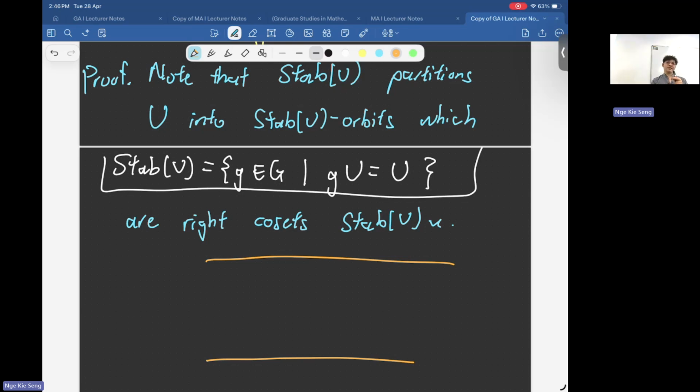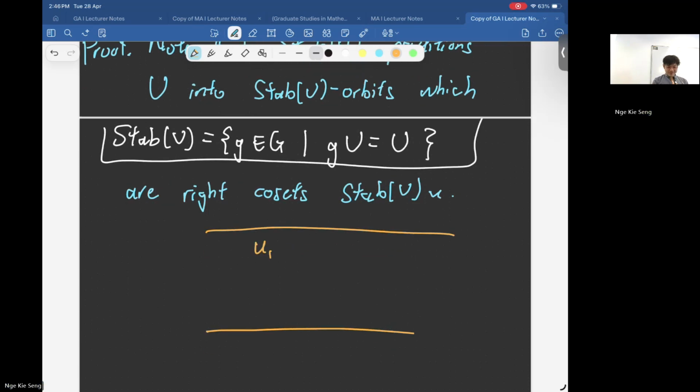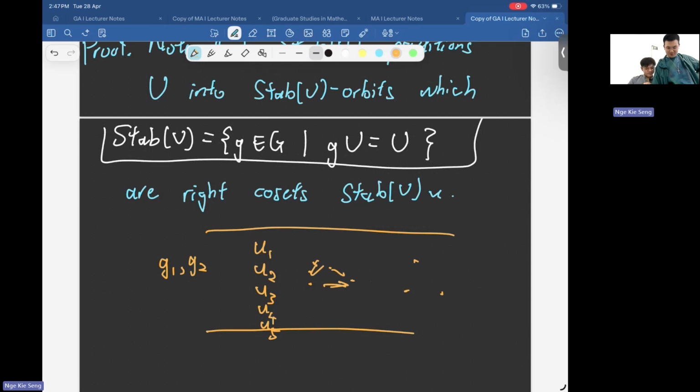Step U only ensures that you won't go outside, but inside it, it doesn't necessarily reach everything. I want to draw it out. Maybe there are 3-4 things here, and your Step has G1, G2. Say I have 6 points here. Let's say these dots are the UI, and these arrows are the G action, the Step G action. Although it sends every point back to a point in the set, you can see there's a partition.